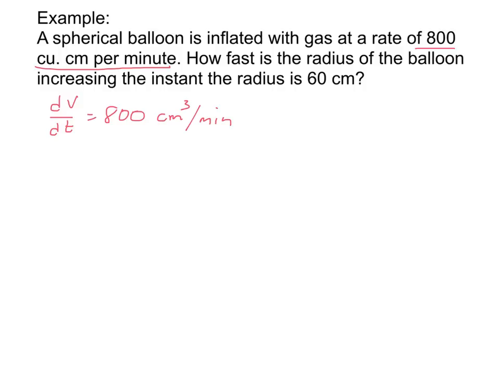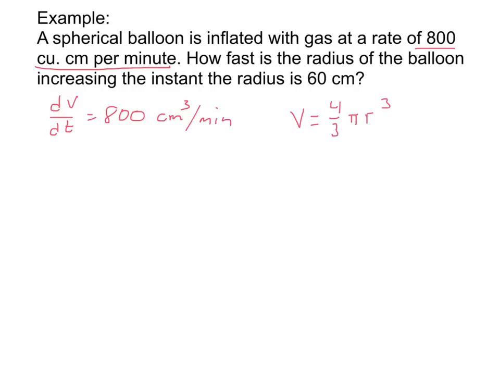Okay, and I know this is a spherical balloon, and the information I know is that the volume of a balloon, and I want to use volume because I'm given a rate of change for the volume, is given by the equation V equals 4/3 pi r cubed.